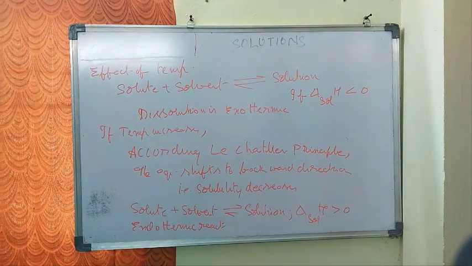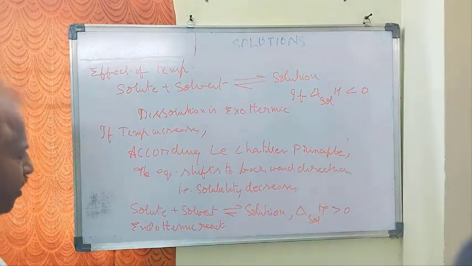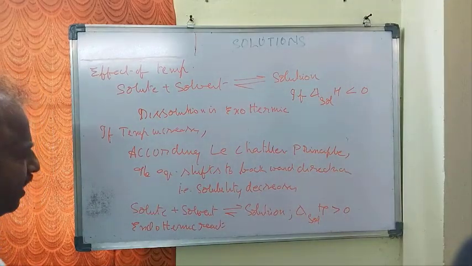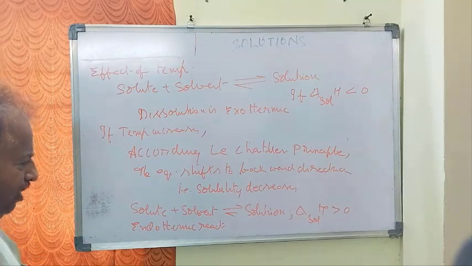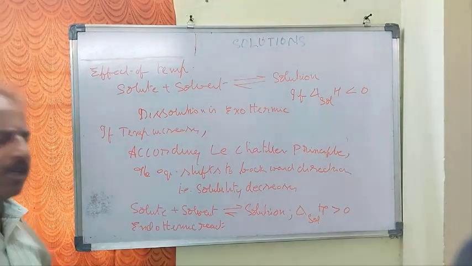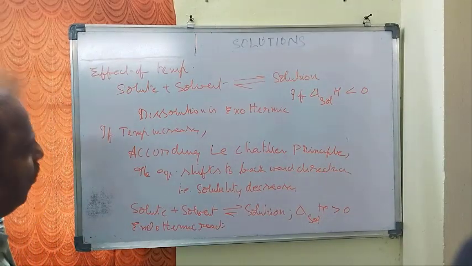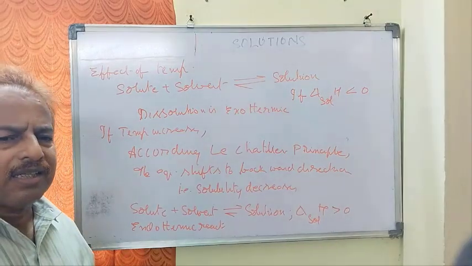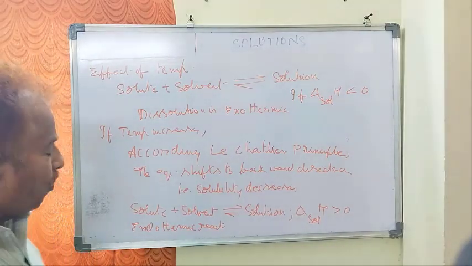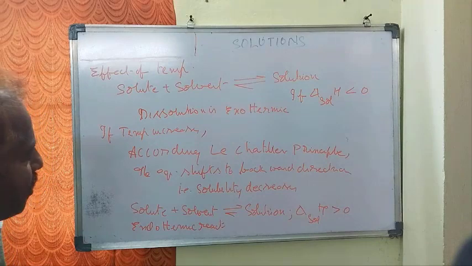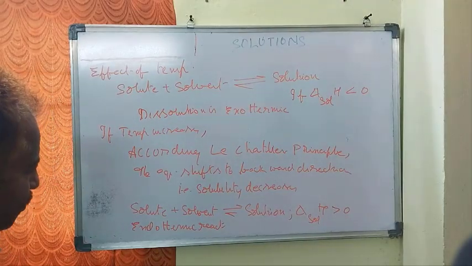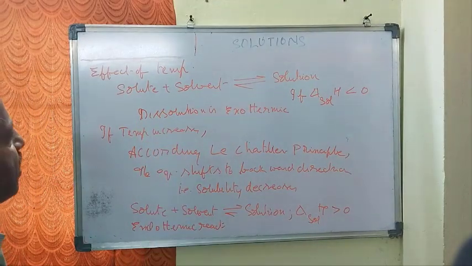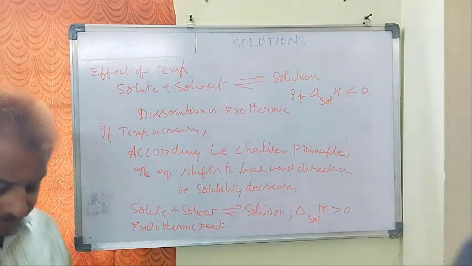Endothermic reaction means it absorbs heat. So if the dissolution process absorbs heat, the increase in temperature will favor the forward reaction. That means solubility increases. So more amount of solute can be dissolved in solvent at a higher temperature. In this way we can discuss the effect of temperature.